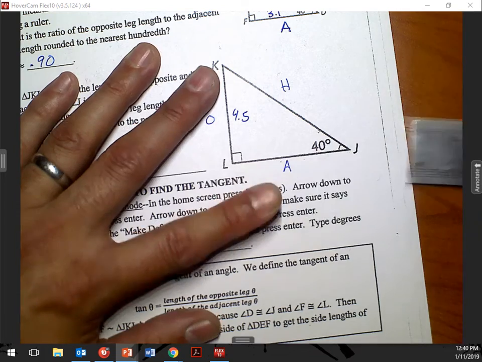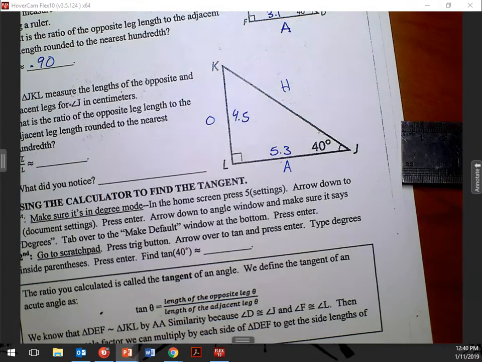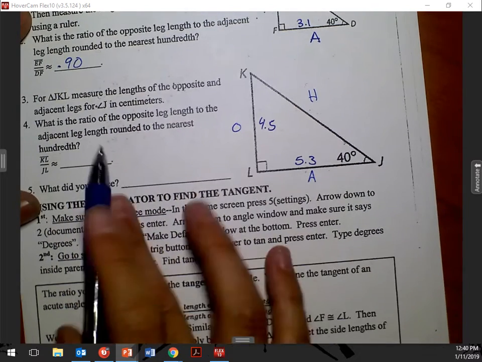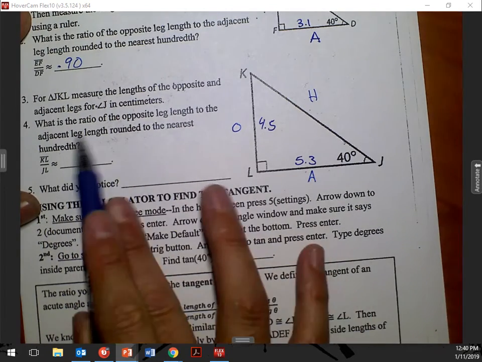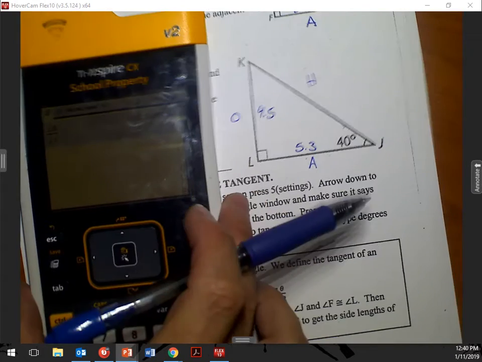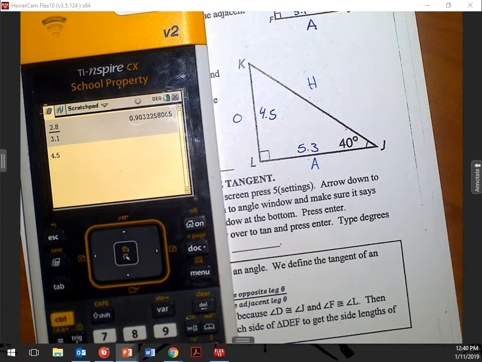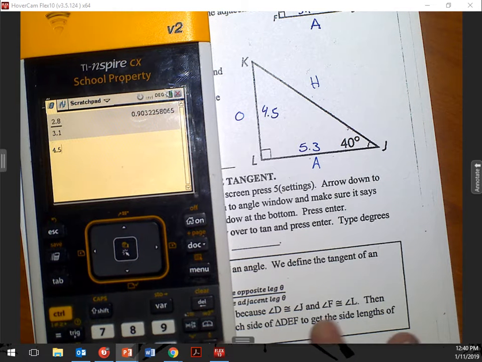Looks like 5.3. So same thing. It says find the ratio of opposite leg to the adjacent leg rounded to the nearest hundredth. So we're going to do the same thing that we just did. It is going to be 4.5. You can see that, right? Okay. Divide by 5.3.